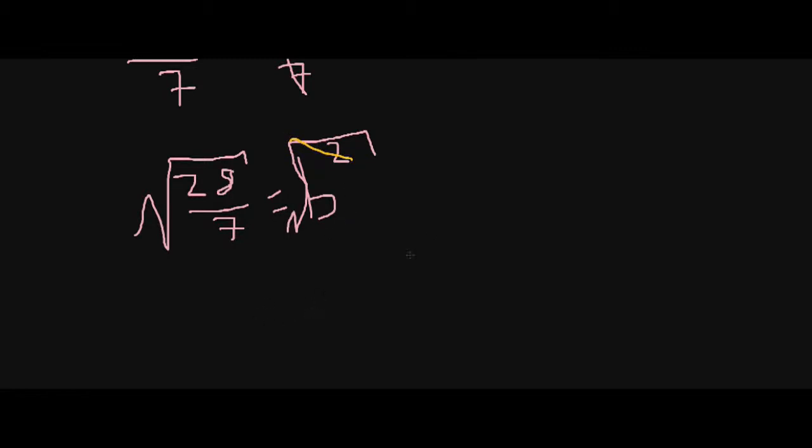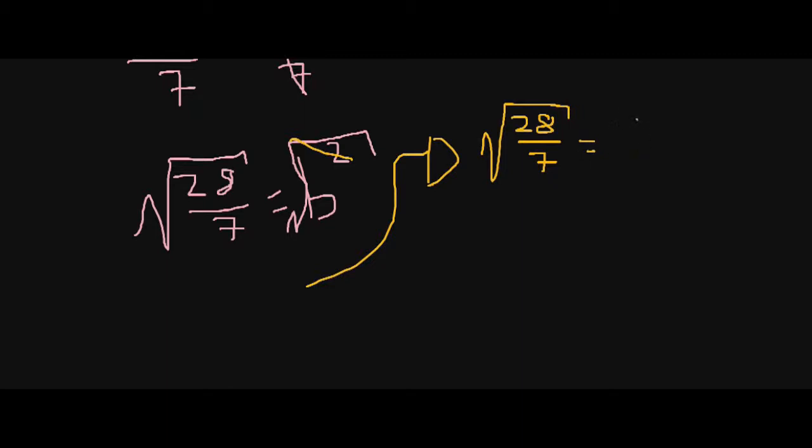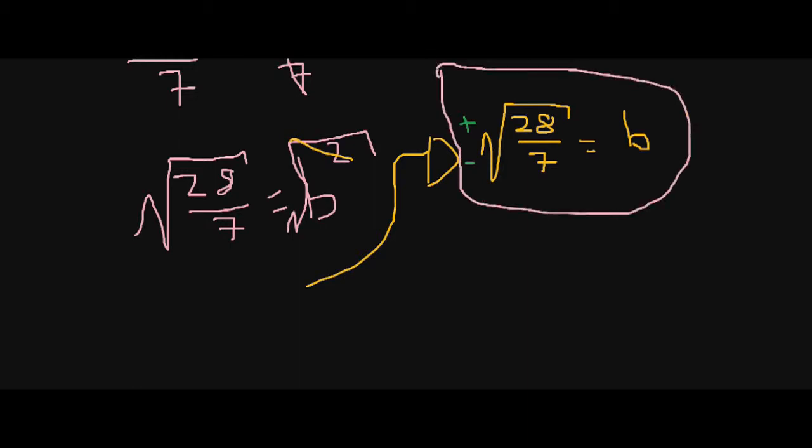And so we're just going to get the square root of 28 divided by 7 equals b. Okay. Really, this should be plus or minus, and I'll explain that later on, but what we did right now is perfect, and this would kind of be our answer here. I will explain later on why it's plus or minus. That's something we'll explain later on.